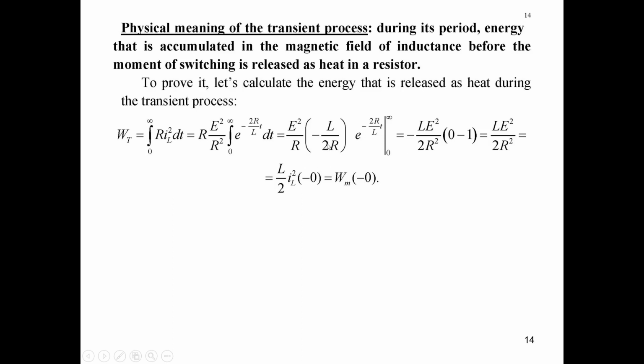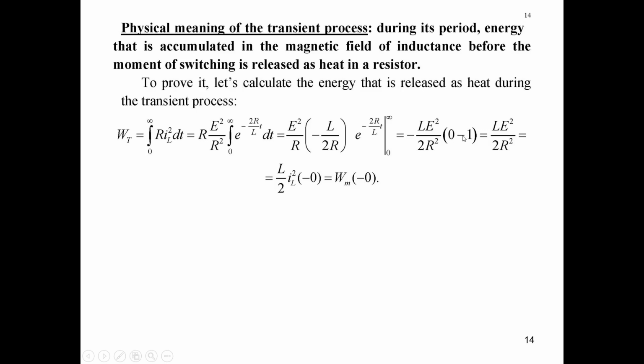Here we have minus L multiplied by E squared over 2R squared, okay? Then this refers to this coefficient, and for this exponential function we should substitute the limits 0 and infinity. When we substitute the limit infinity, this exponential function will be equal to 0, because e to the minus infinity degree equals 0.